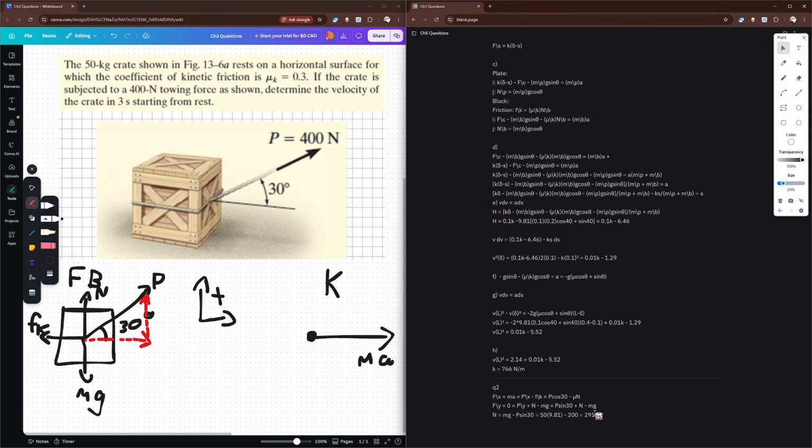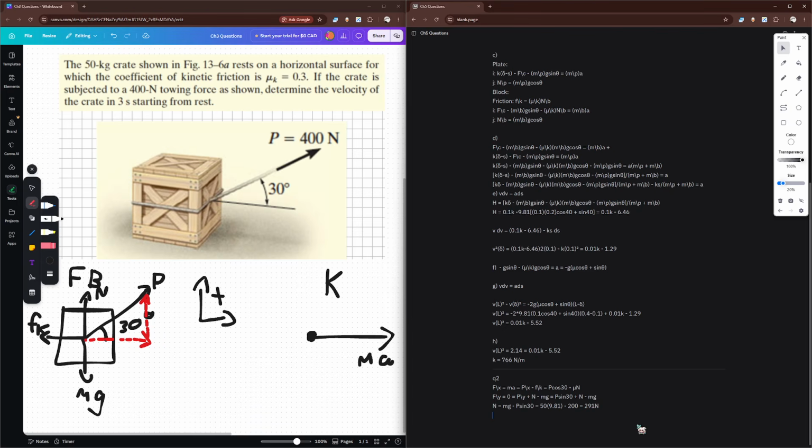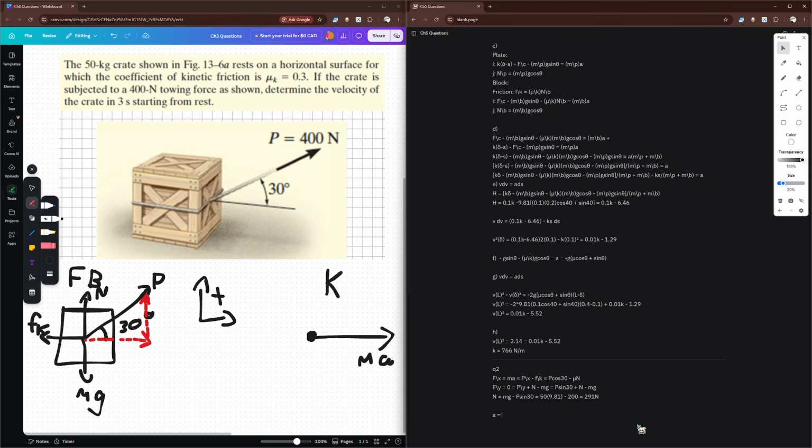So we take our 291 and we sub it into here. Divide everything by mass, by the way. So we're going to get that A is equal to, after dividing out by mass, which is 50, Px, which is P cos 30. So 400 over 50 is 8 cosine 30 minus 0.3 times 291 over 50.